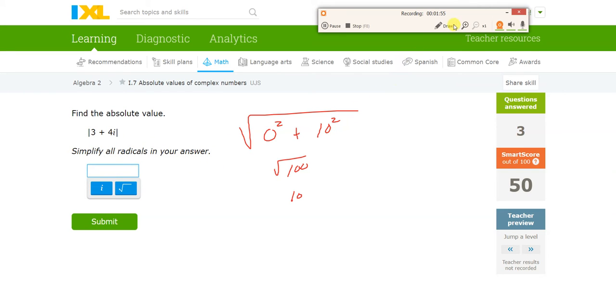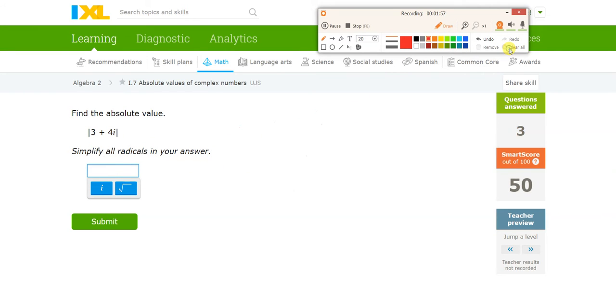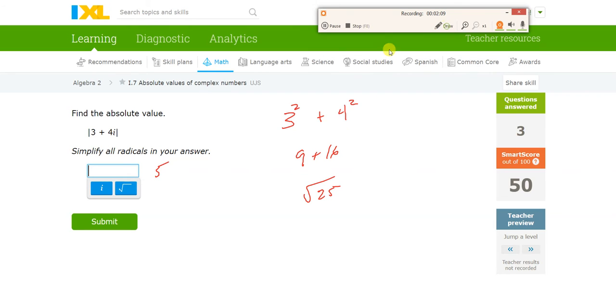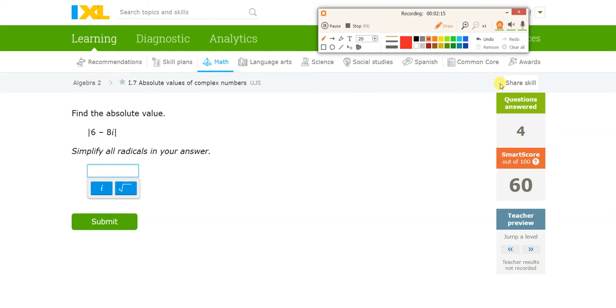And now we're actually getting into what I just taught you. So I take 3 squared plus 4 squared. That's 9 plus 16, that's 25. Take the square root of it, it's 5. So this is going to be 6 squared plus 8 squared, that's 36, plus 64, which is 100.